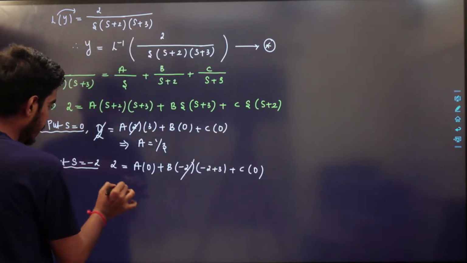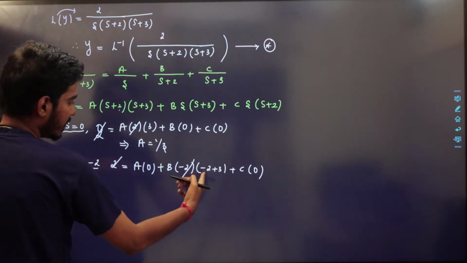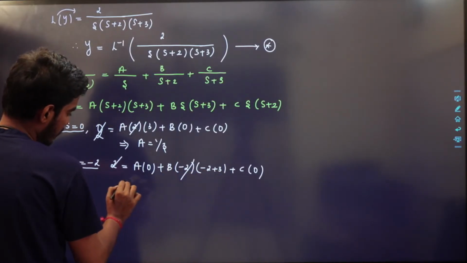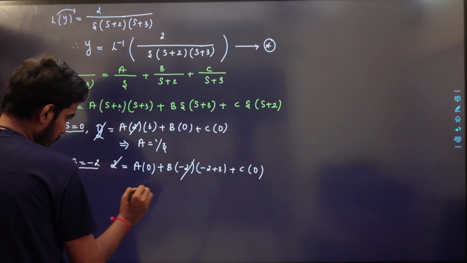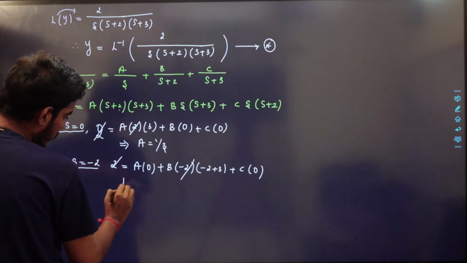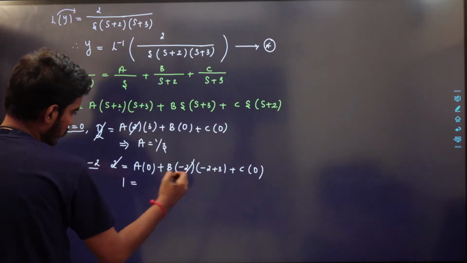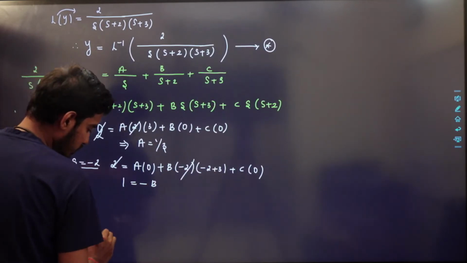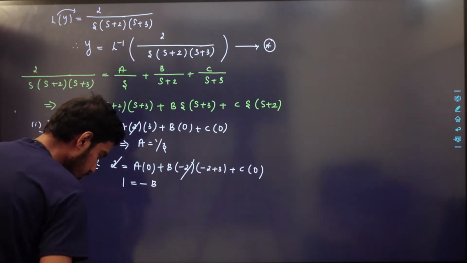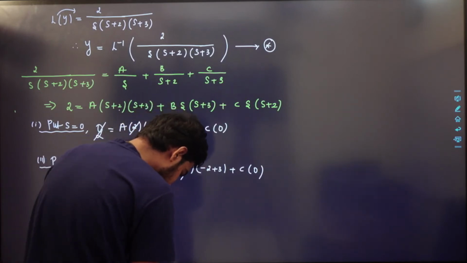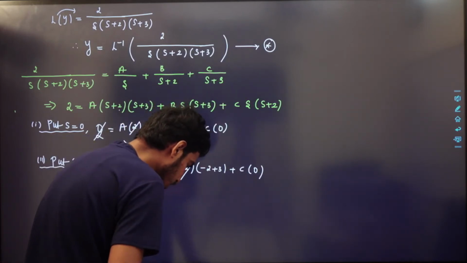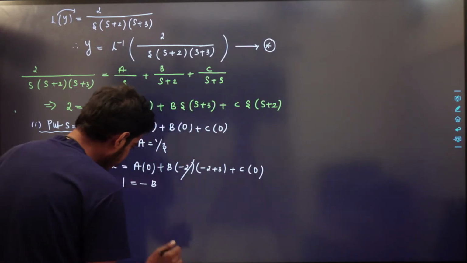So this 2 will get cancelled. So we have 3 minus 2 is 1, so we have 1 is equal to minus b. That means b is minus 1, right? So s is 0 means a is 1 by 3, and b is minus 1.